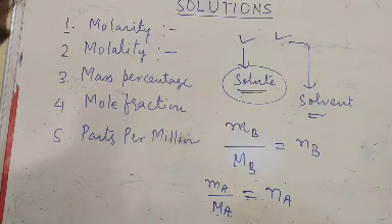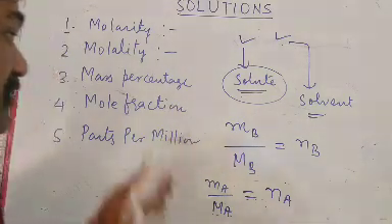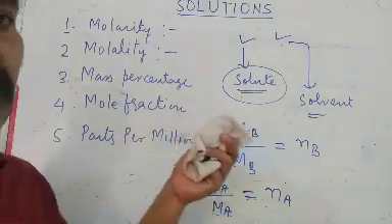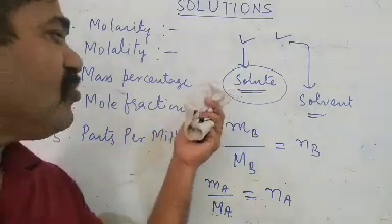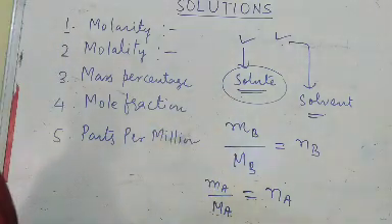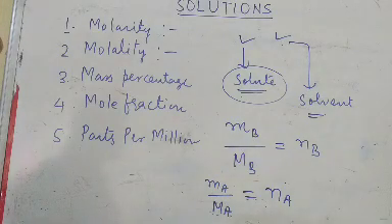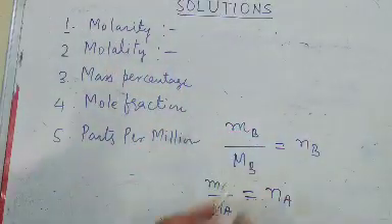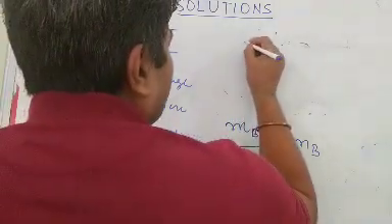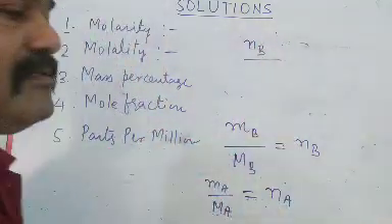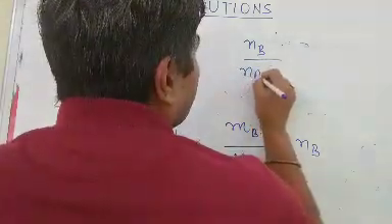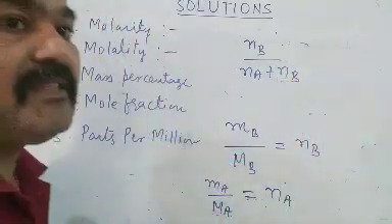By the simple definition of mole fraction, the mole fraction of any component is the ratio of the number of moles of that component divided by the total number of moles present in the solution. So the mole fraction of the solute is nb, the number of moles of solute, divided by the total number of moles in the solution, that is na plus nb.